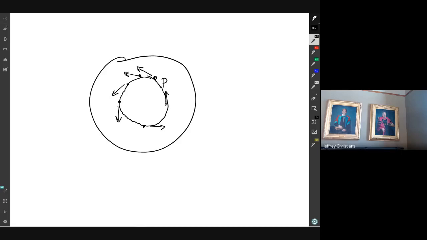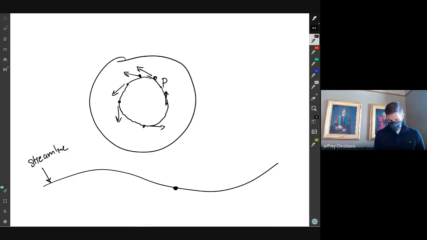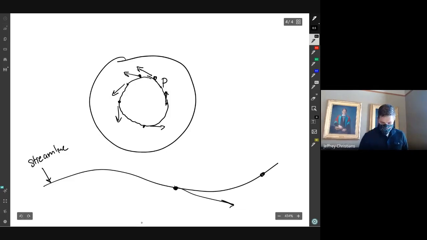So if you see a streamline that's a circle, and you ask what direction the velocity is pointing in, it's pointing tangent to that streamline. If we chose a point here, we know what direction the velocity is, it's in that direction. If we chose a point along here, it's in that direction.